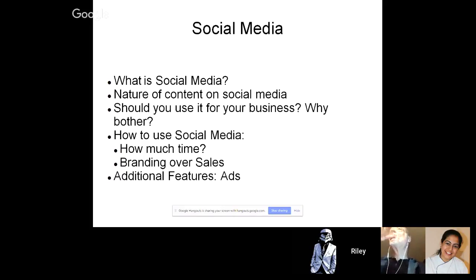And so if you are going to use social media for your business, you need to put content out that is going to be engaged with or interacted with. And if you don't do that, there's essentially no point in using social media for your business. Or not no point, but very little point, especially anything beyond, say, a Facebook business page, which I'm going to get into.